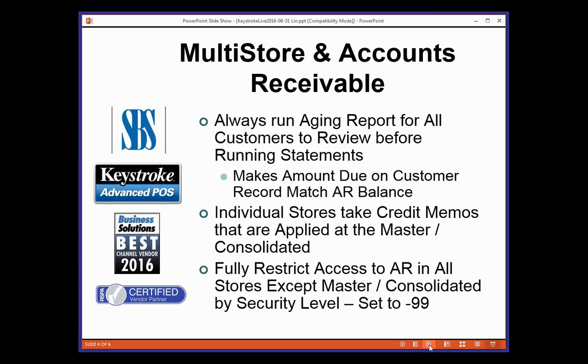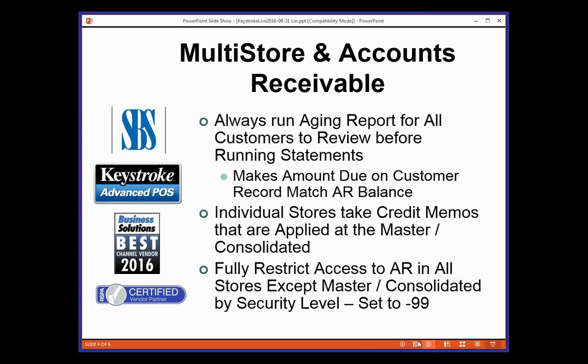And then you probably need to put in place, depending on the volume of your receivables, once a day, once a week, you can run a credit memo report in your consolidated database to know which payments you need to apply before you run your next statement. Because you always want to apply those payments. You just don't want to leave them out there hanging.